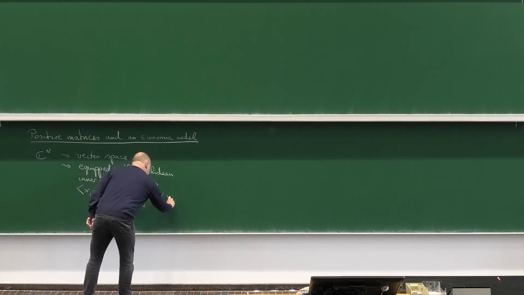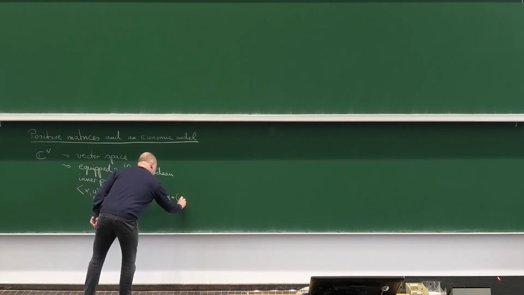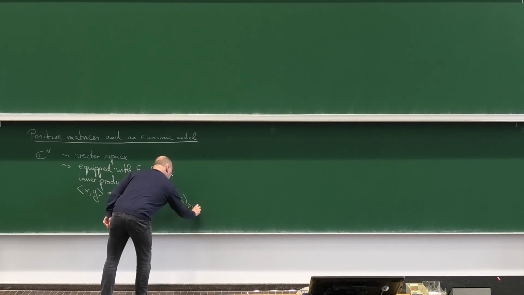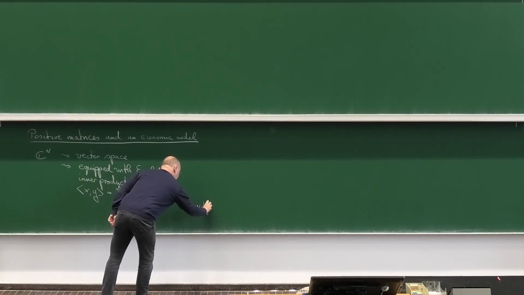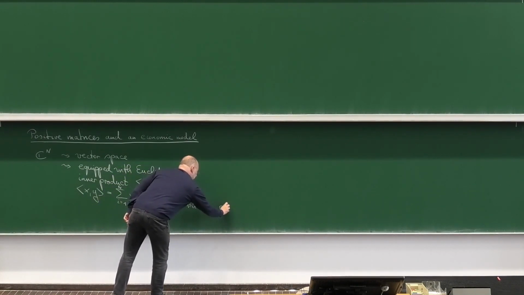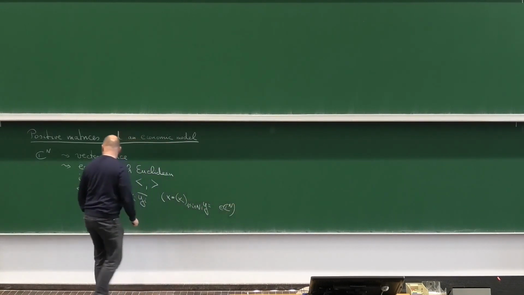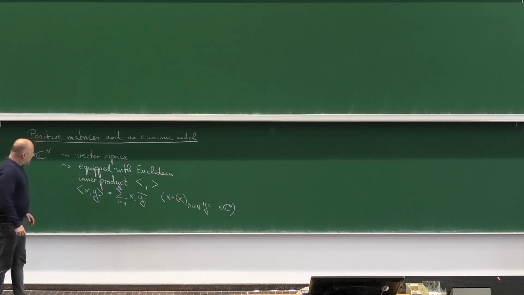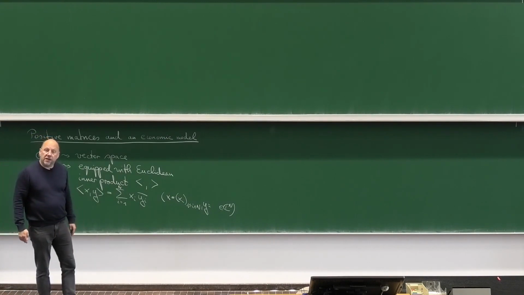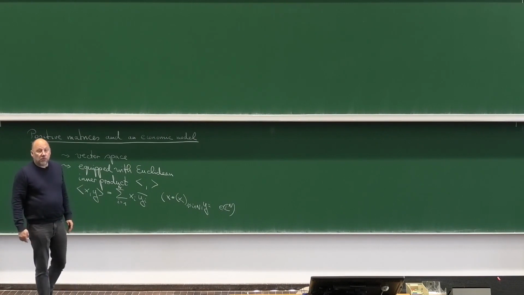So here x is equal to this vector, and also y, they are both in Cn. With an inner product, we also get a norm and a Euclidean distance. This allows us to do analysis.